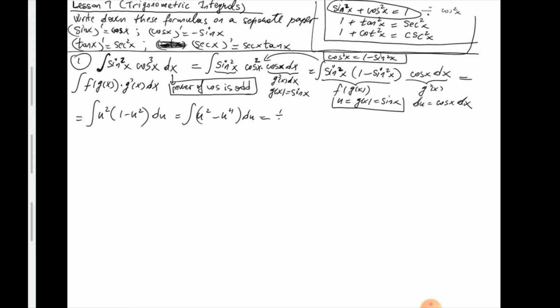So then it's going to be just a power rule. 1/3 u to the power 3 minus 1/5 u to the 5th. And now, of course, come back to the original variable. So 1/3 sine of x to the power 3 minus 1/5 sine of x to the power 5 plus a constant c.